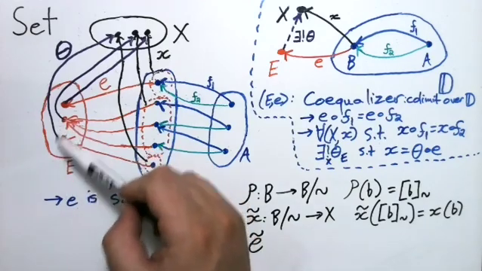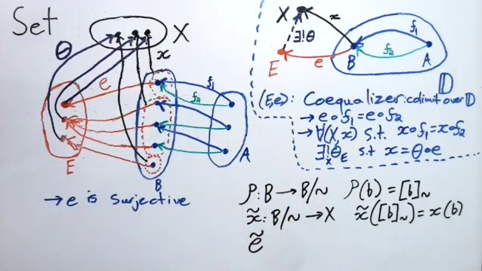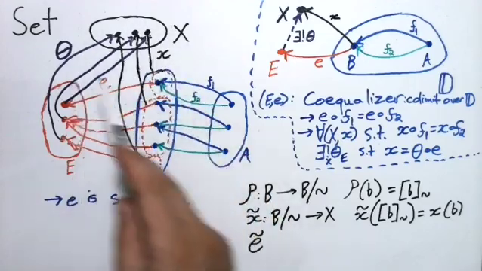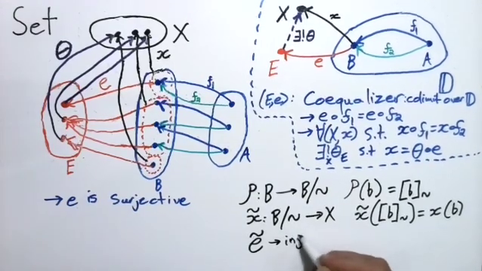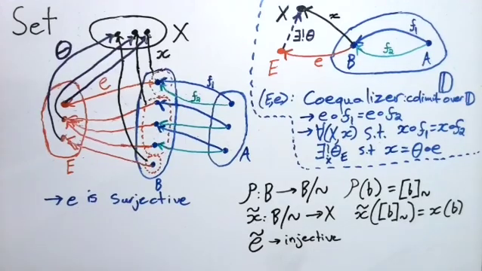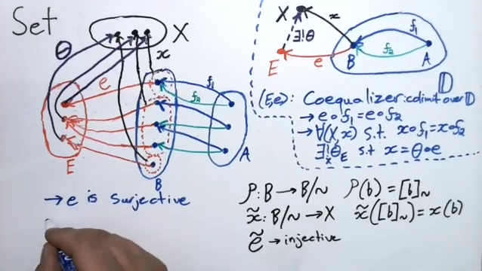So say this only had 2 like we had before and one of these collapsed. We could always create this one with 3 in it that would make the mediating morphism property impossible, which we just saw earlier, right? So it's E tilde here that needs to be injective. So that's actually the second property that we need.